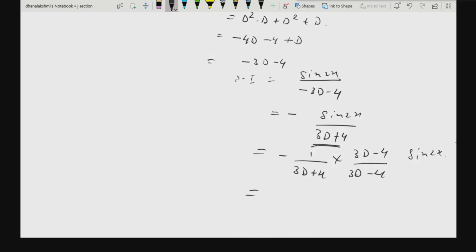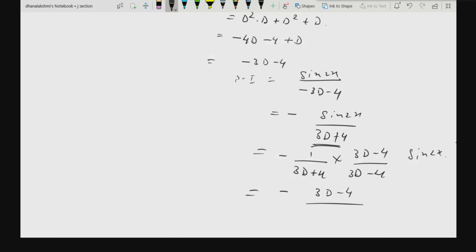You have substituted D square as minus b square, but sometimes it may have some constant in the denominator and sometimes it may not. Sometimes it can be in the form of mD plus some constant. So in that case, how to solve? Again, you multiply and divide with the conjugate of this one. So the numerator will be as it is, 3D minus 4.